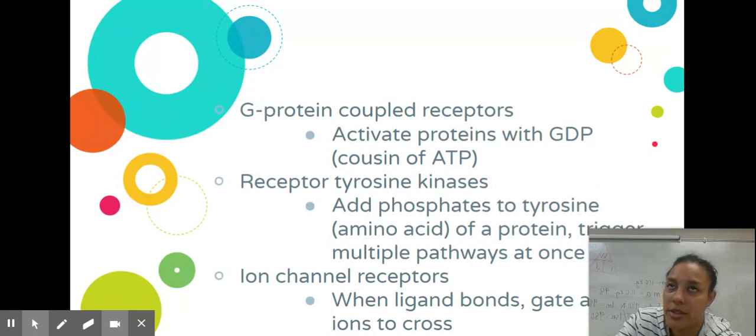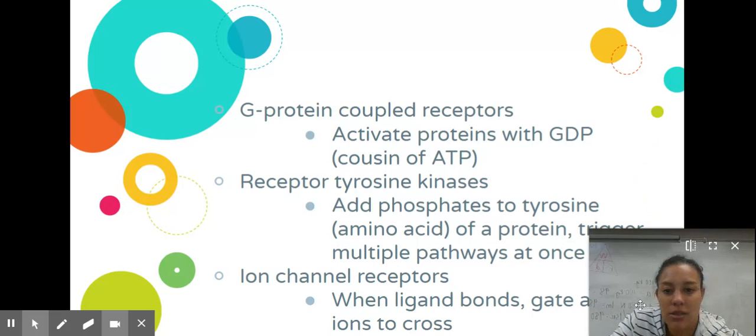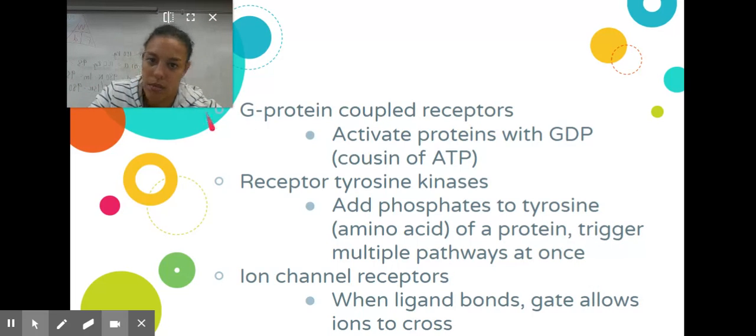We have our 3 different types of receptors that are out there. There are G protein coupled receptors, which are associated with a specific type of energy that will link up with them. Instead of ATP, it's GDP, which are very similar. There are receptor tyrosine kinases, probably the most common ones that you come across.